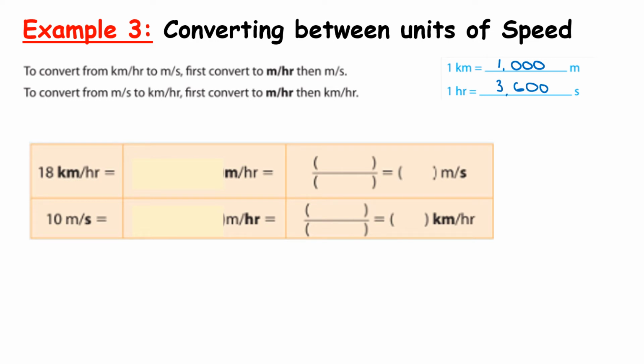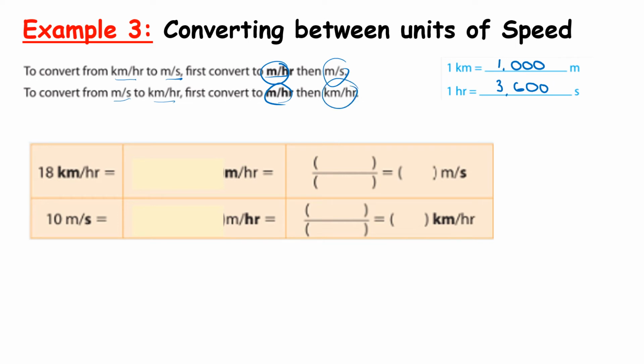When we want to go from kilometers per hour to meters per second, first convert the kilometers to meters, so meters per hour, then meters per second. Meters per second to kilometers per hour, we'll convert the seconds first, and then we do the kilometers.